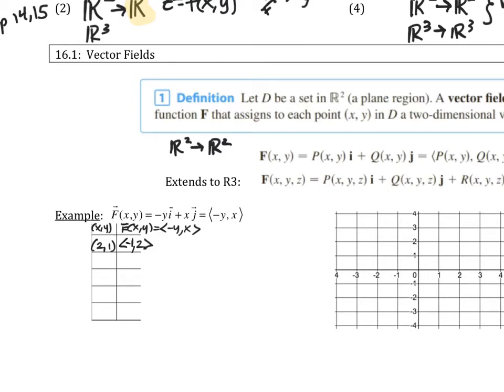If I put in something like 1, 0, the y is 0, so I'm going to have minus 0, which is 0, and the x is 1, so 0, 1. If I put in 2, 0, y is 0 again, 0, 2.